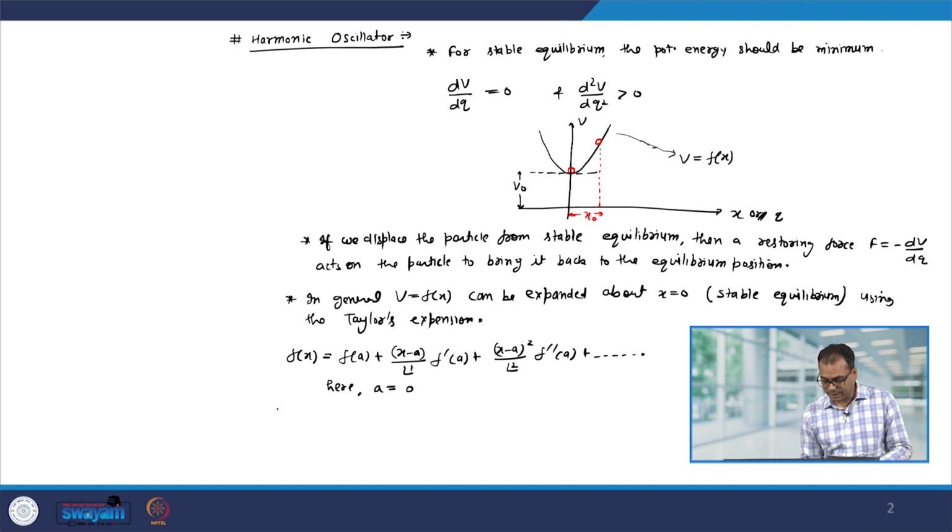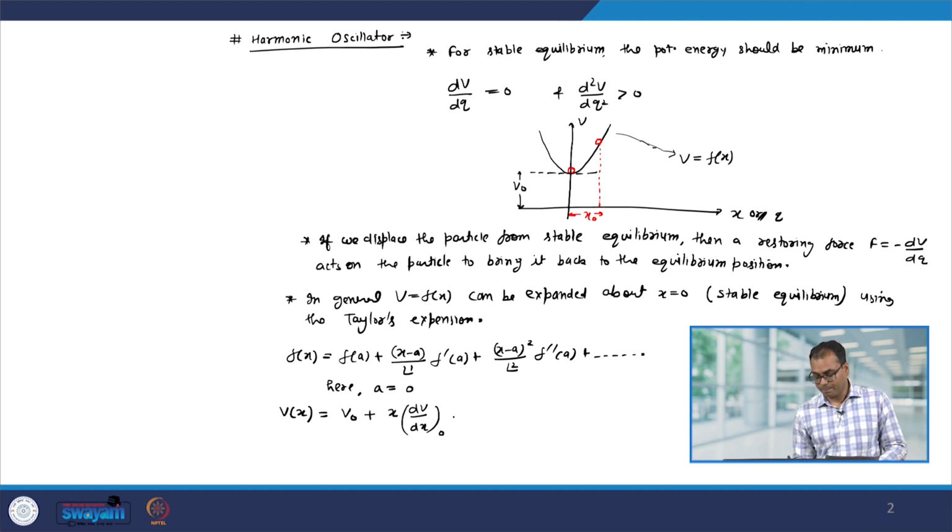Okay. Now, let me write down for f we have potential V(x), f(a) will be V naught plus x over factorial 1 is 1 and a is 0. So, therefore, it is x dV by dx at x equal to 0 plus x square divided by factorial 2 d2V over dx square plus dot dot dot.